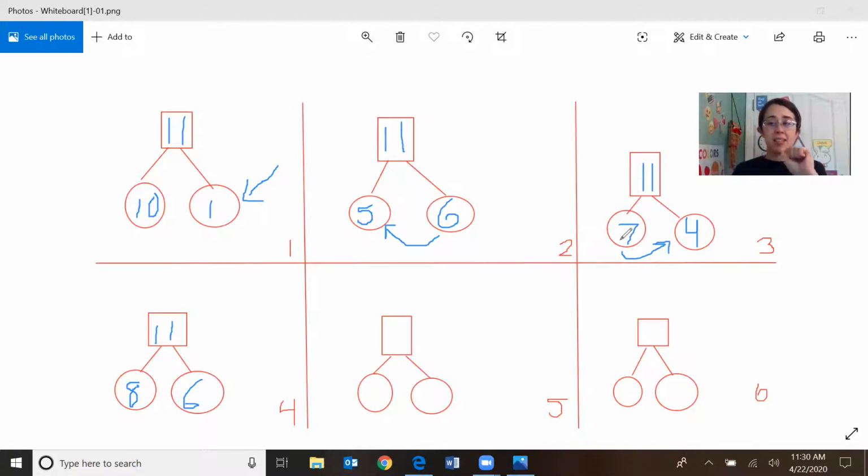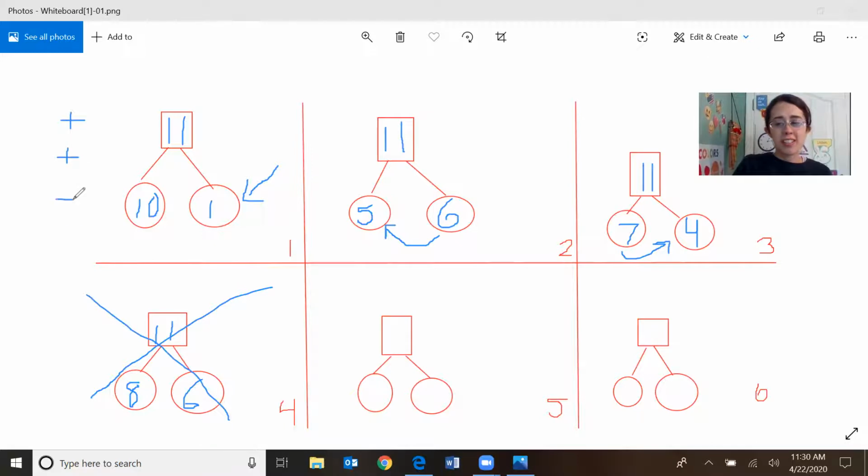After 7 comes 8, 9, 10, 11. So 7 and 4 does make 11. But 8 and 6 does not equal 11. That equals 14.